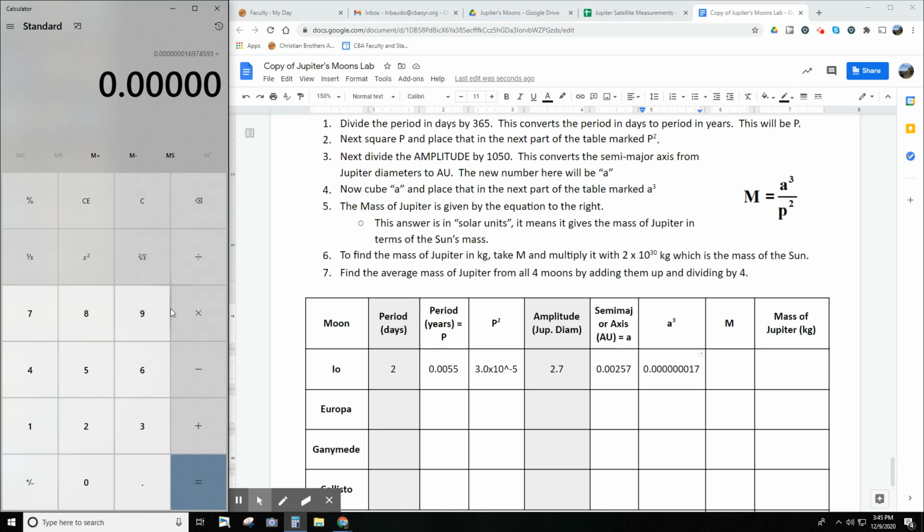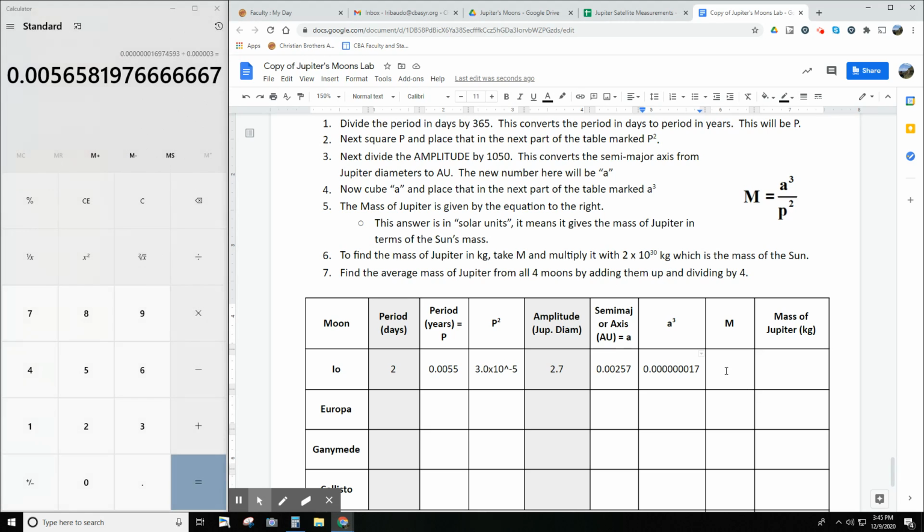And that's going to give us our answer, which is a pretty tiny number, 0.0057. And now we're going to have to multiply by this number right here, 2 times 10 to the 30th power, to get it into kilograms. So that's going to be our mass of Jupiter.